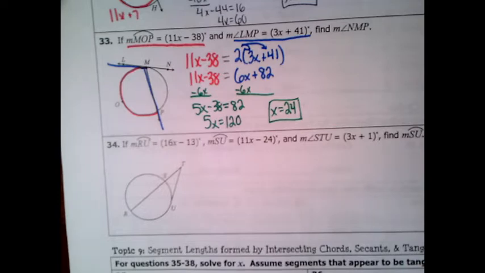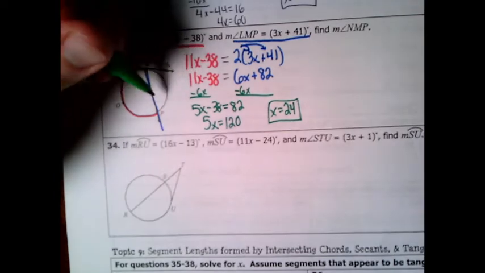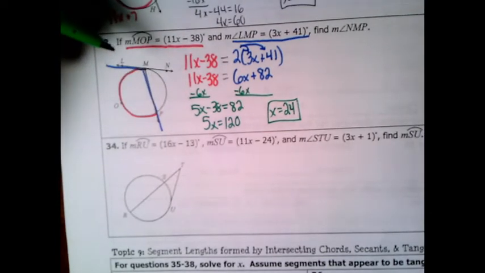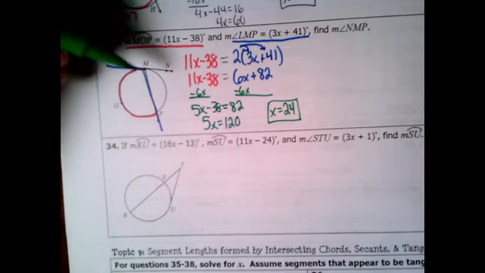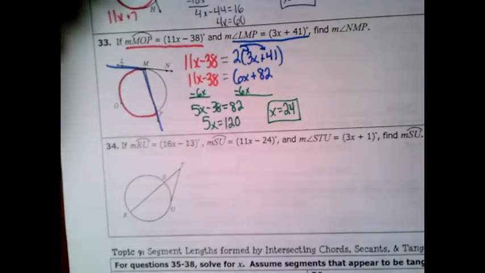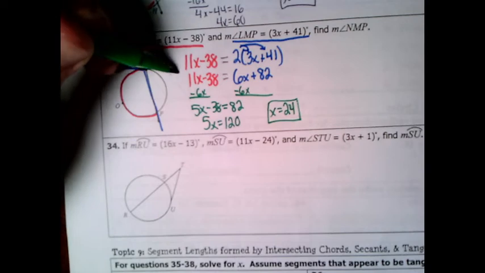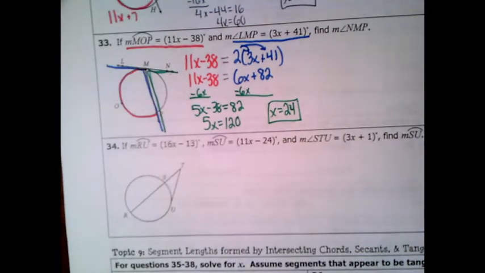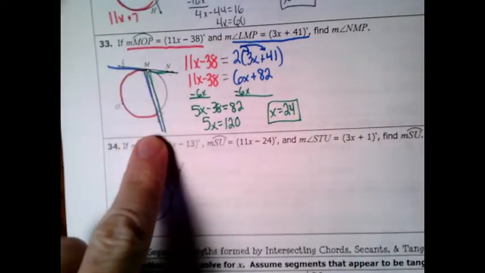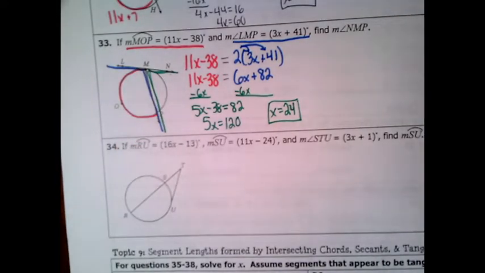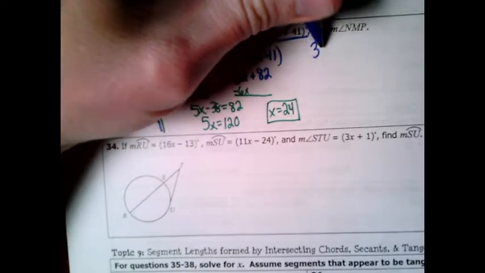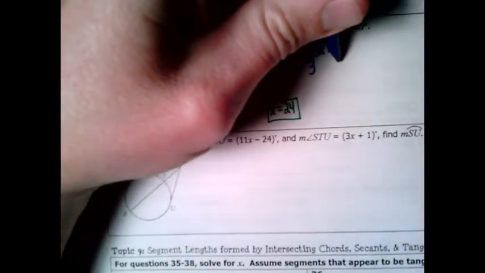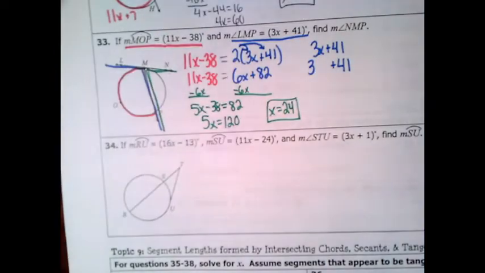So check this out. They want this angle right here, NMP. Well, all I got to do is plug in and get the blue angle. So if I do the blue part, 3x plus 41, and then I substitute my green part in.